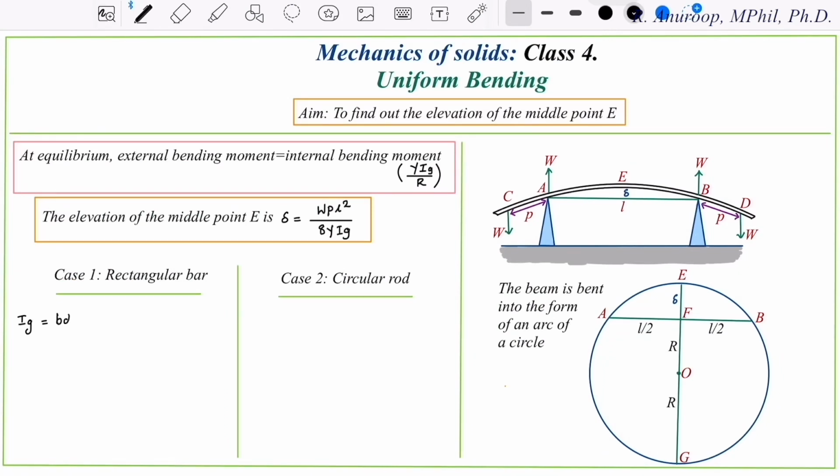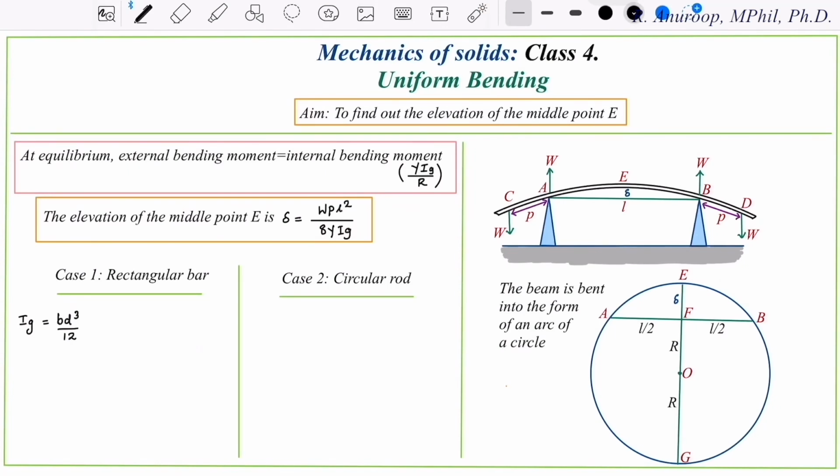Now let us consider two cases. For a rectangular bar, the geometric moment of inertia is B D cube by 12, where B is the breadth and D is the depth of the bar. Now the elevation of the middle point is W P L square divided by 8 Y I G. What is I G? I G is B D cube by 12.